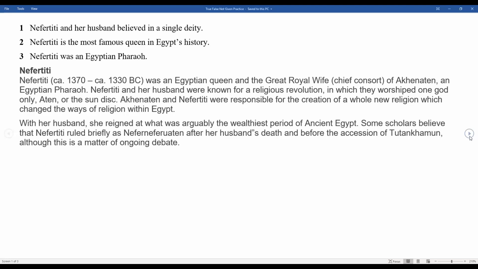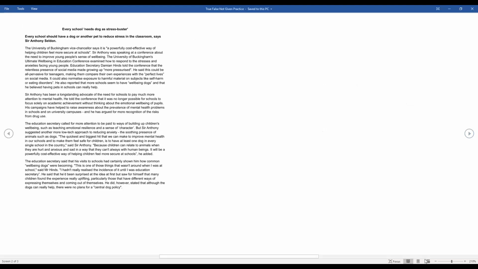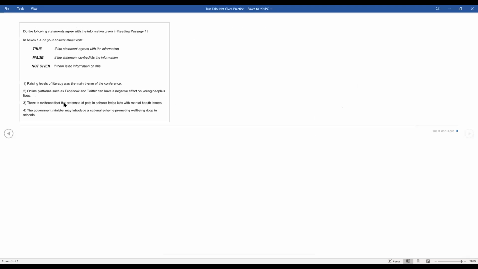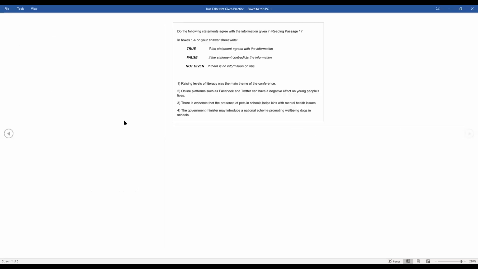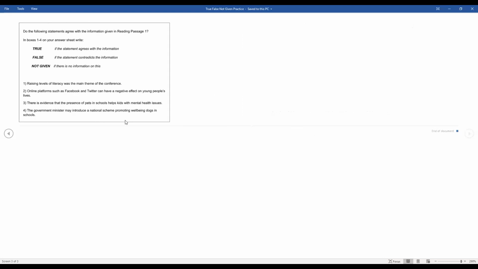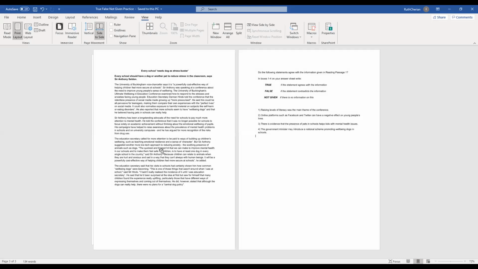So here's another passage for you to practice your skimming. Go through this passage, please. Give me a minute. Okay, this one.